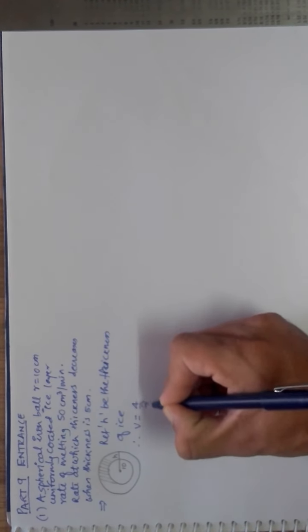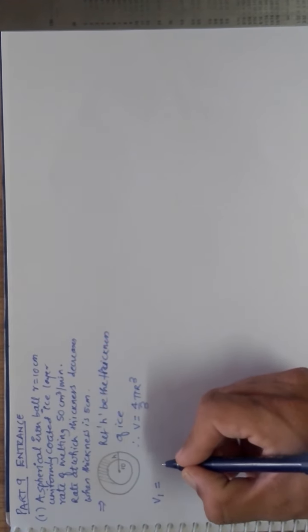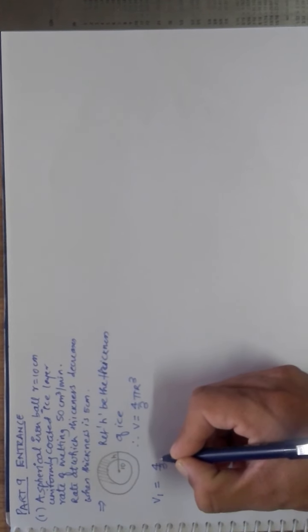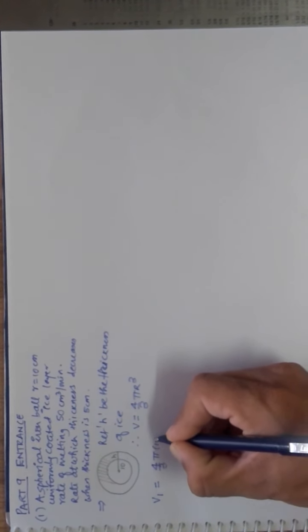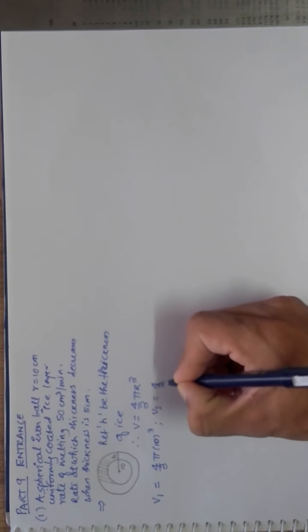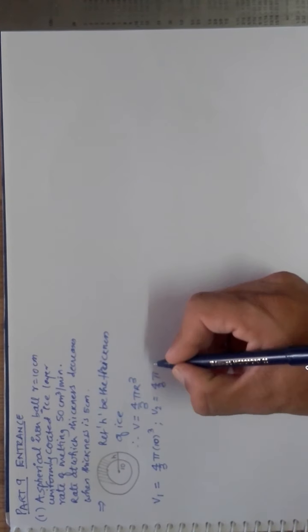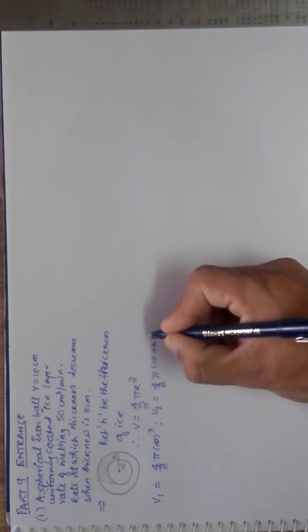So obviously your volume formula is 4 by 3 pi r cube. So volume 1, which is the volume of the sphere, is 4 by 3 pi, r is your 10, cube. Now volume 2 will be nothing but 4 by 3 pi, and the radius becomes 10 plus h, the whole cube, right?